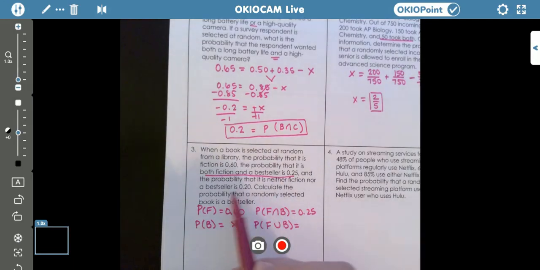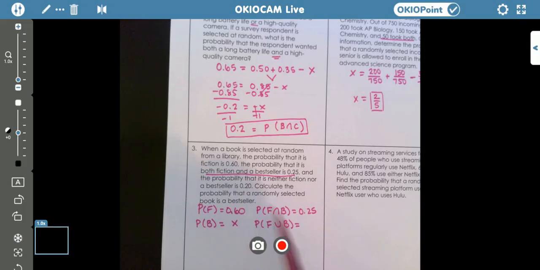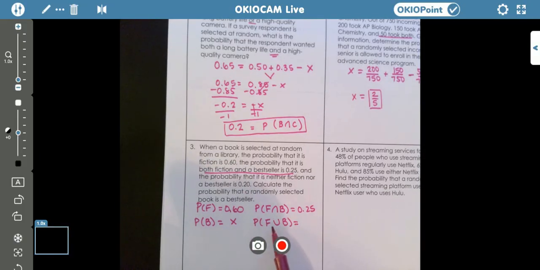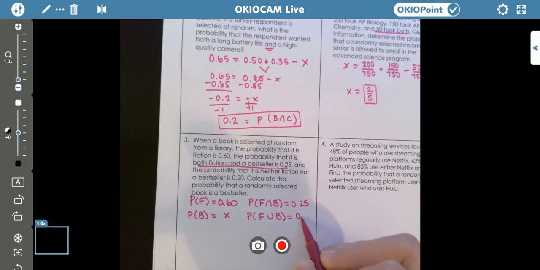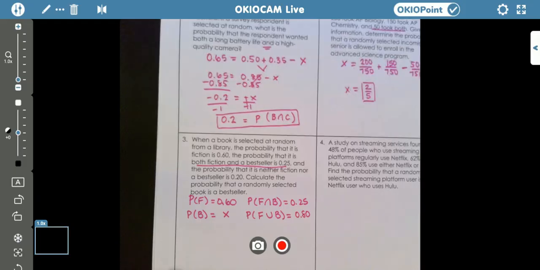Well, I know the probability that it's neither, so that's actually the complement of one or the other. So if neither is 0.2, then one or the other is 0.8. I was just listing out the information I had, knowing the piece of the formula that I'm missing and trying to figure out how I can get that missing piece.